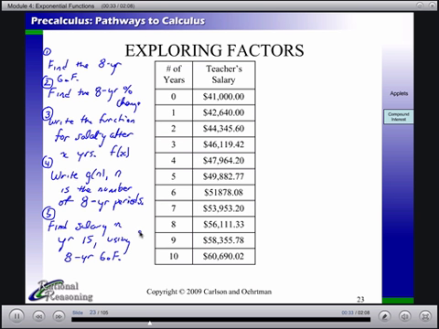It's asking, it's just like number 3, but instead of the input being the number of years, the input's the number of 8-year periods. Does that make sense? So n means how many 8-year periods.